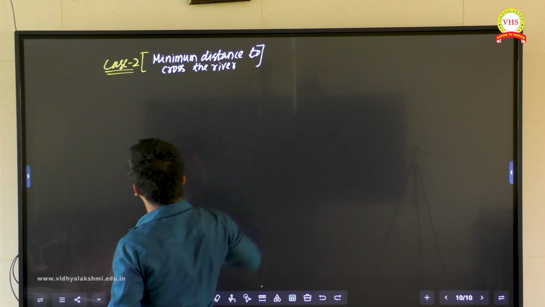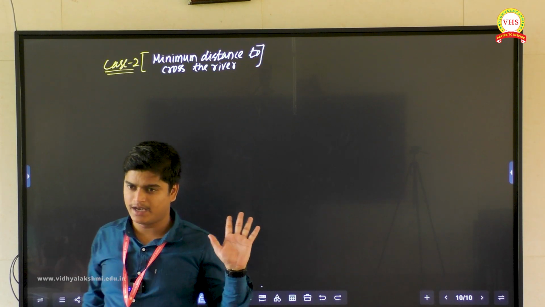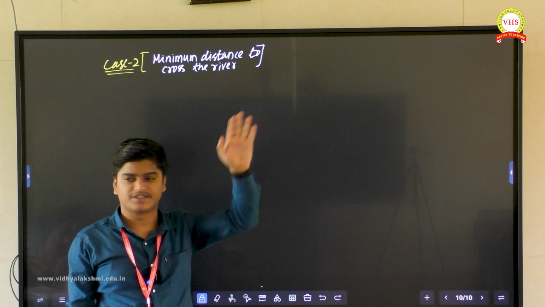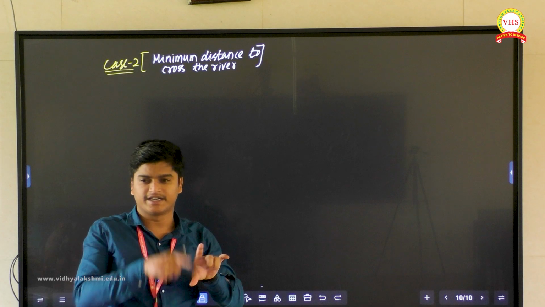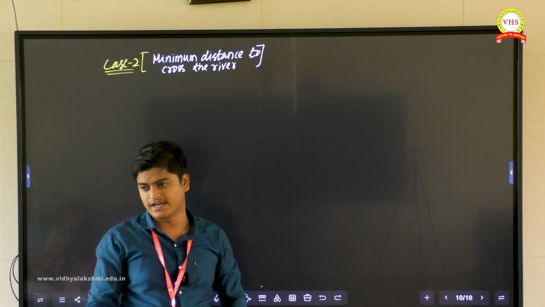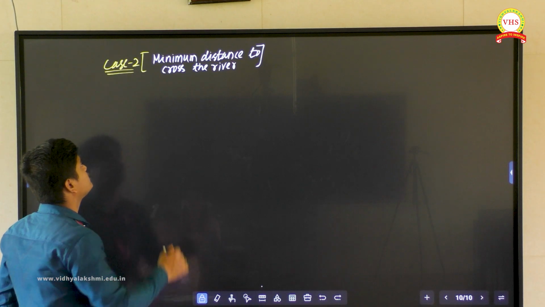So how will you swim, or how should this boat travel so that it takes minimum distance? Minimum distance is basically the displacement only, from starting point to ending point, that it should go in a straight line, right? So how it should go in a straight line, we'll check that.